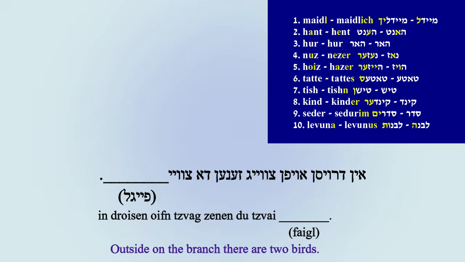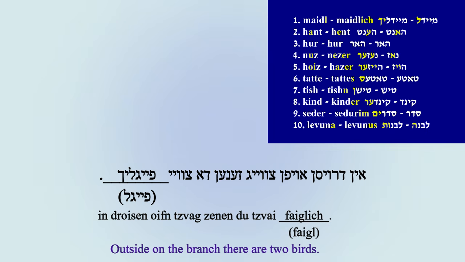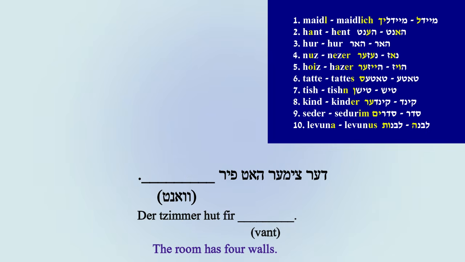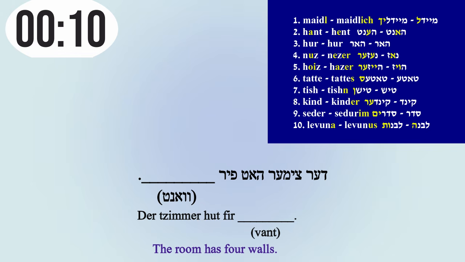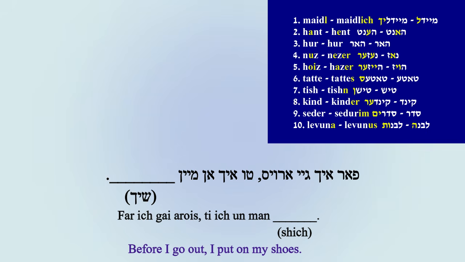In draußen auf dem Zweig sind du zwei Feiglich. Der Zimmer hat 4 Wände.